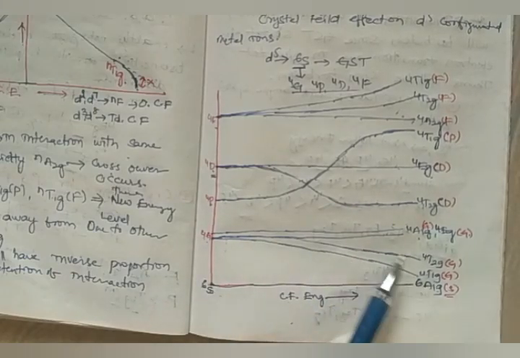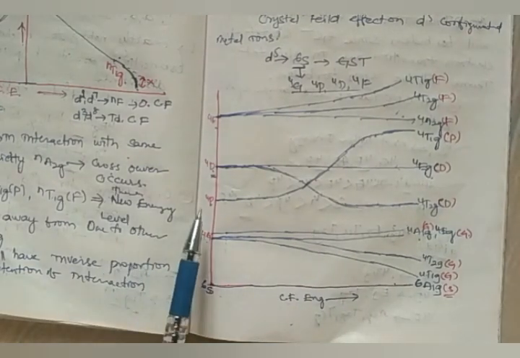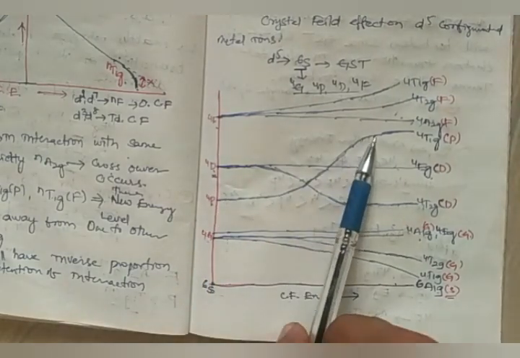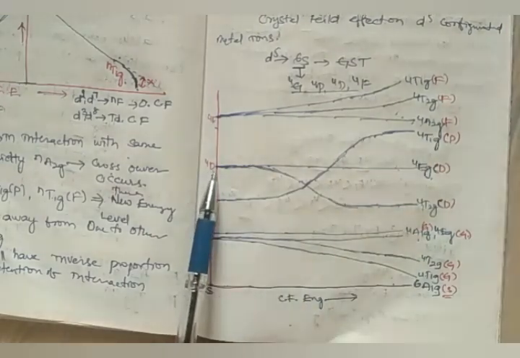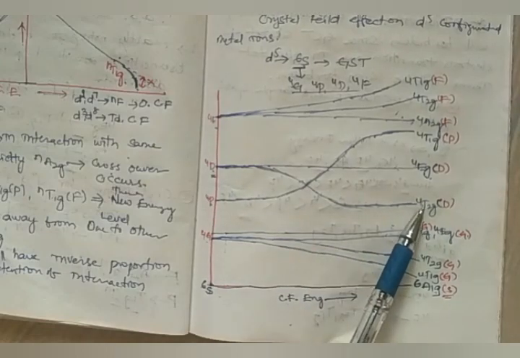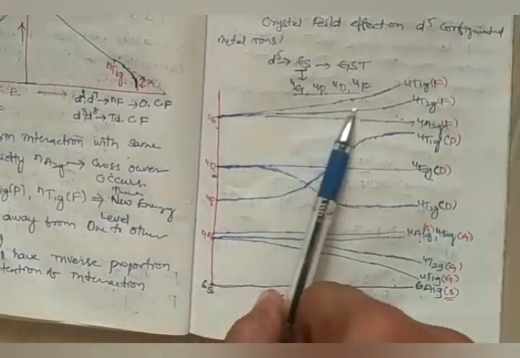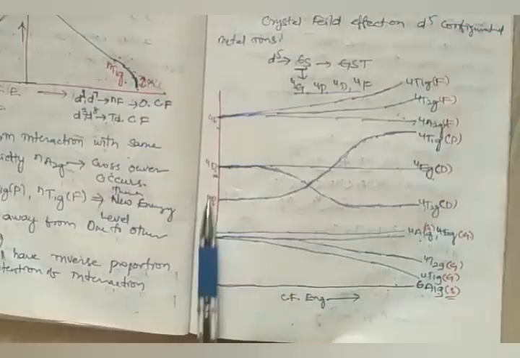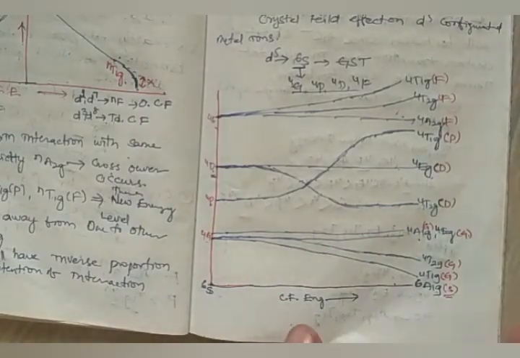There the T1G followed by T2G is drawn for the 4G level, and for the 4P level the T1G will raise its energy level and reach here, and the T2G of 4D will lower its energy level, and 4T2G will get here, and T1G and T2G will be drawn for the 4F, and thus all drawing will look like this picture, right?